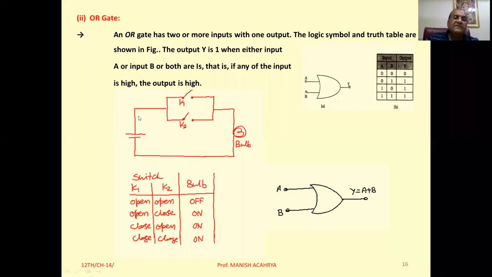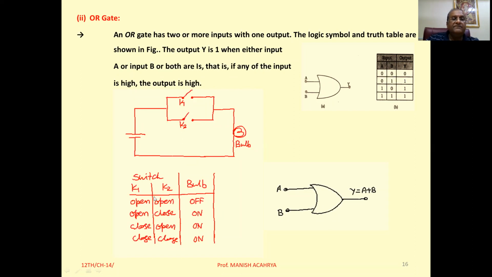It implies that current will not be able to flow through the bulb. So if K1, K2, both the switches are open, the bulb is off. It implies that both the inputs are absent, output is absent.